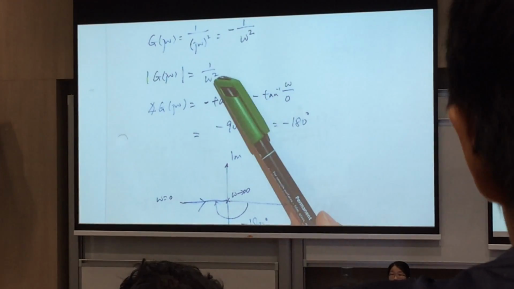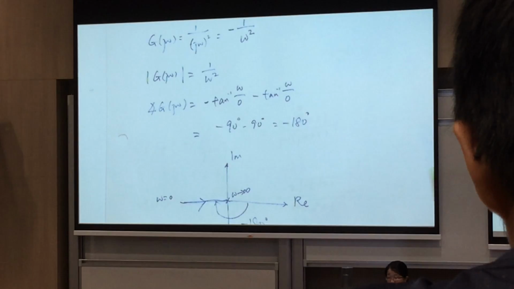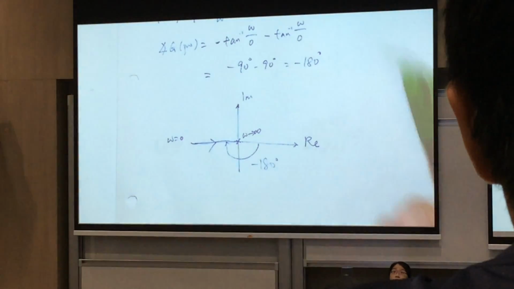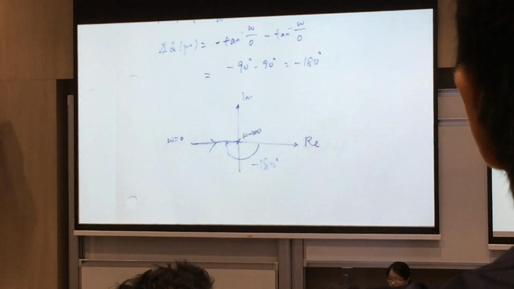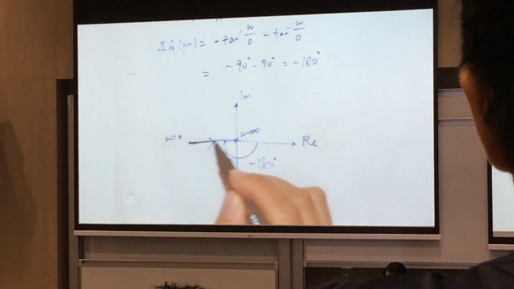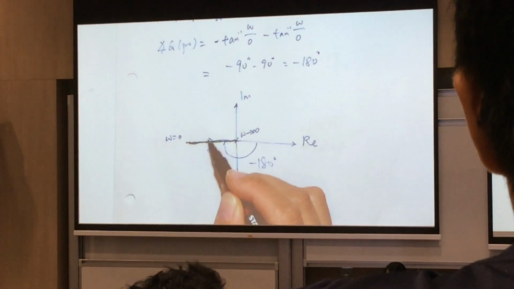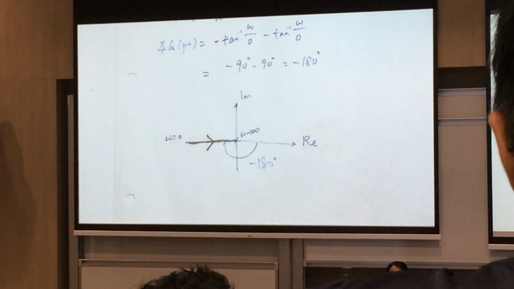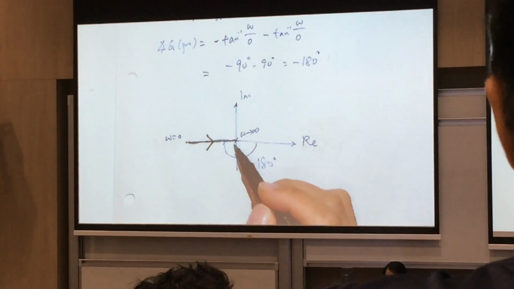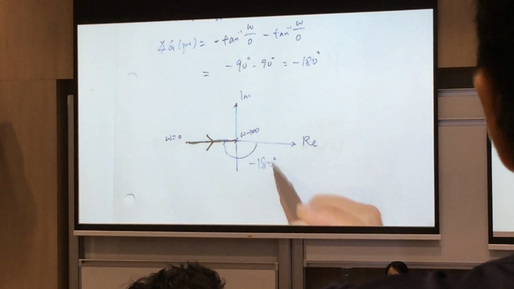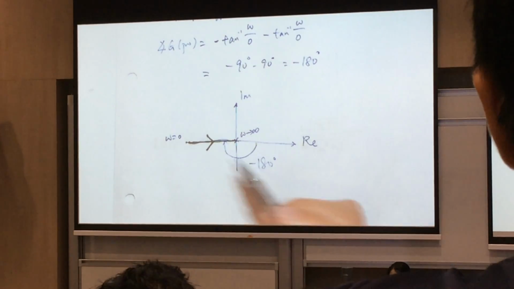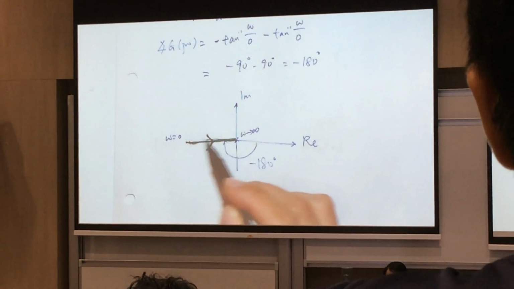We substitute omega equals infinity, we have 0. So the polar plot is just a straight line over here, and then you draw the arrow. Why this line? Because this line is minus 180 degrees. So your polar plot is this line.